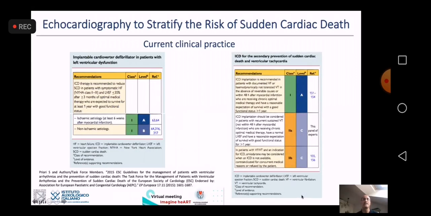This is true particularly for patients with primary prevention, and then we also have patients who had arrhythmic events, such as an aborted sudden death or a high-risk ventricular tachycardia, in whom it should be recommended as well.